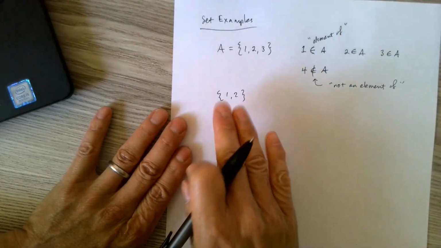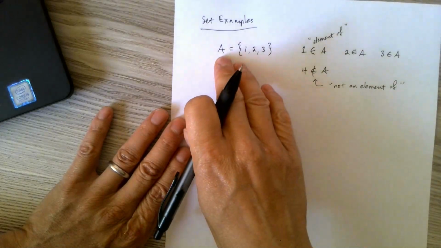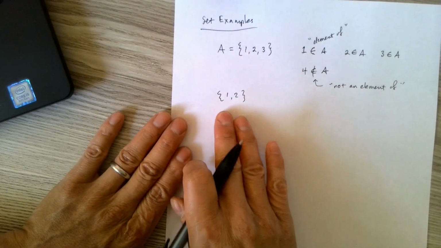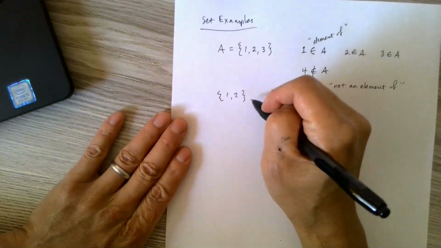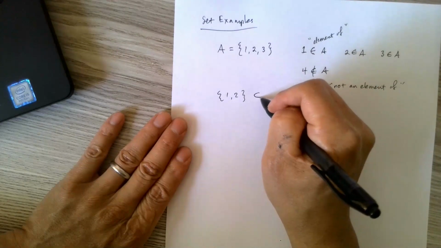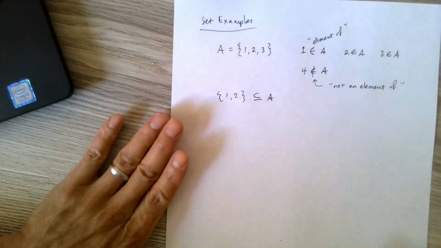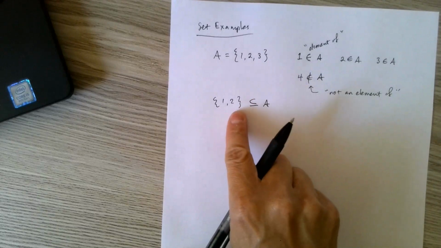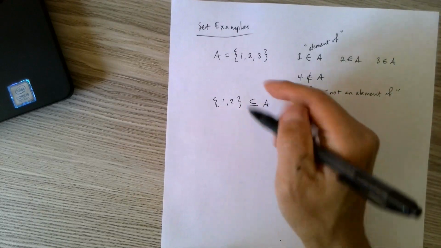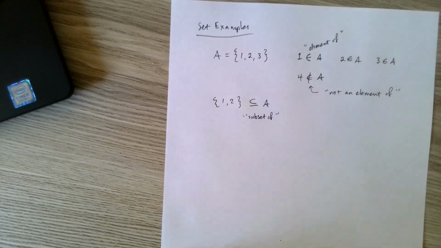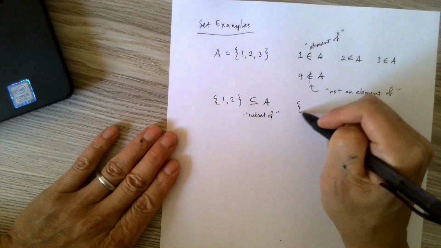Now I've created a subset of set A. And I can even tell somebody that this is a subset of set A. So I'm not going to use element of, I'm going to use this to state that the set containing 1, 2 is a subset of set A.